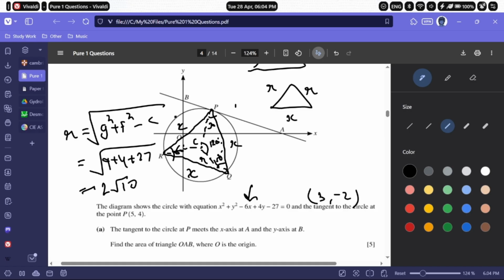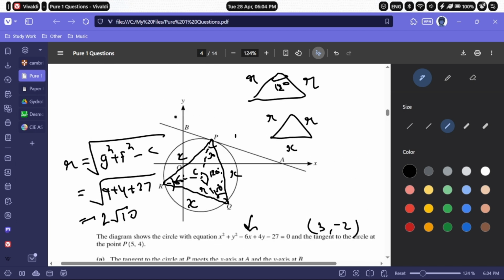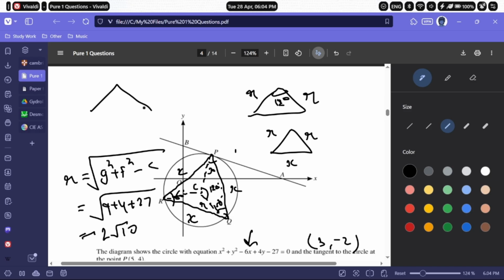If you guys don't know about this already, it's best if you learn about them or memorize them because it can save you a lot of time. Anyway, moving on. So this is like 1/3 of your equilateral triangle, right? The radius is 2 root 10, 2 root 10, and this angle over here is 120 degrees.